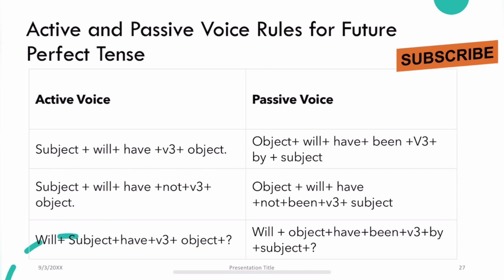And if we change it into the passive voice, the formation will be object first, and then will, then have, then not been, then third form of the verb, and subject. If I talk about the interrogative one, the rule will be will plus object plus have been plus third form of the verb plus by subject and question mark.